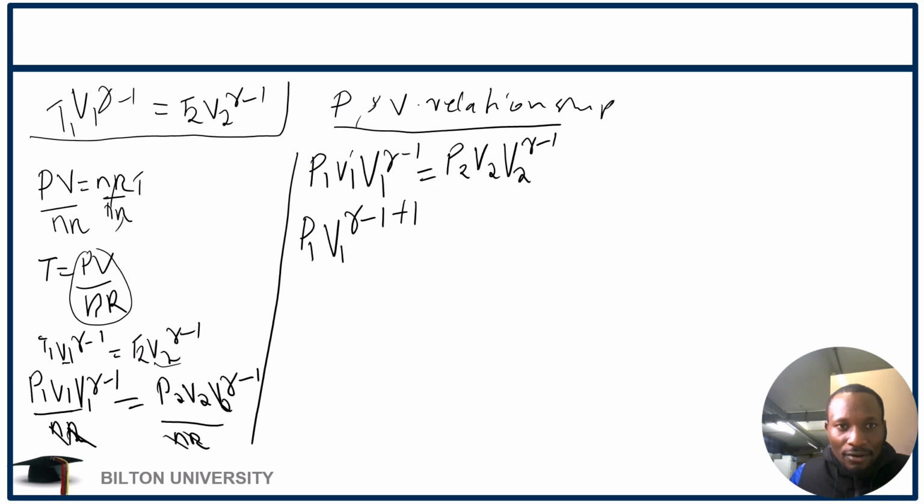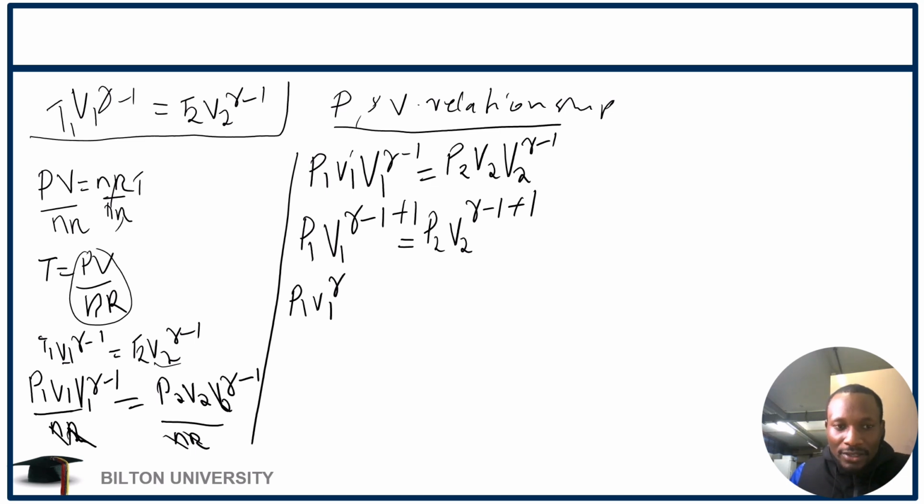This is equivalent to P2 V2 to the power gamma minus 1 plus 1.